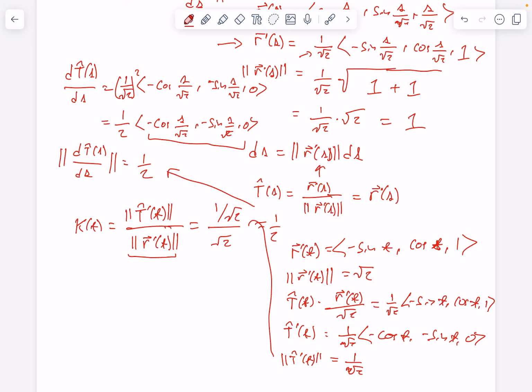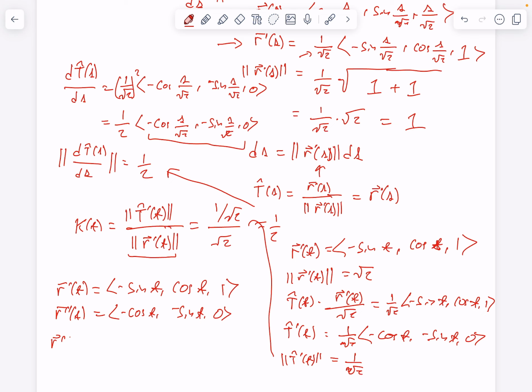Okay, now the last one. R prime of t equals negative sine t, cosine t, 1. R double prime of t equals negative cosine t, negative sine t, 0.